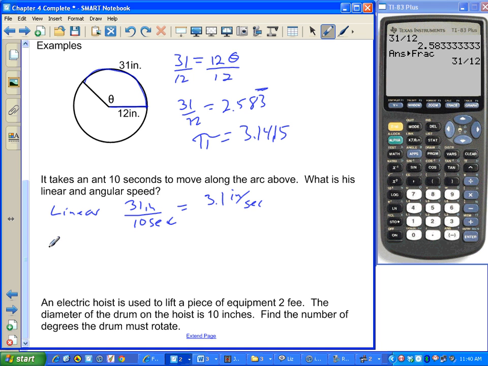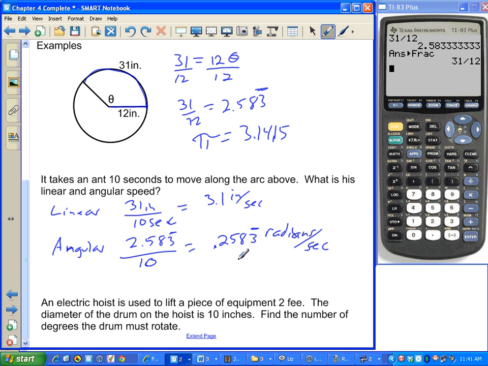His angular speed, okay, he's moved this many radians now, 2.583 repeating, in 10 seconds. That's how many radians he's moved in 10 seconds. So that's going to be 0.2583 repeating radians per second.